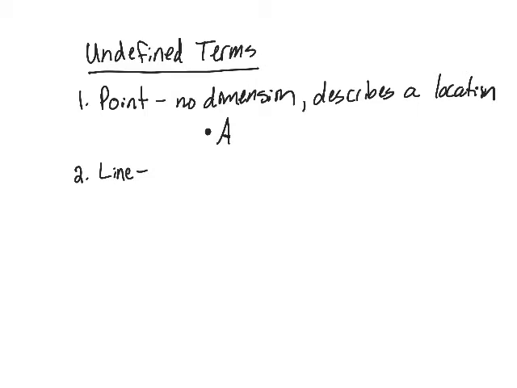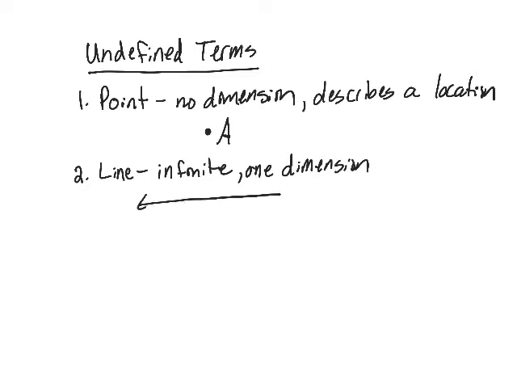The second building block of geometry is a line, and lines are infinite in length, so you cannot measure a line, and they are one-dimensional. They just have length. If I were to draw a representation of a line, we have arrows on both ends. That's important.